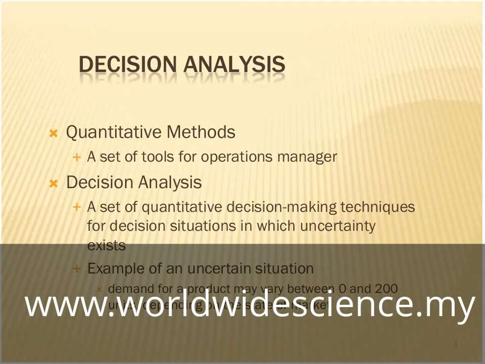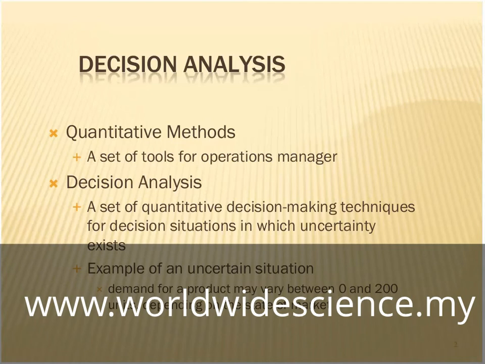We have fluctuation in demand in our market. This is a bad situation. This is uncertainty, because the demand is not stable for your product, for your service. Some days are very good, and some days are very bad.